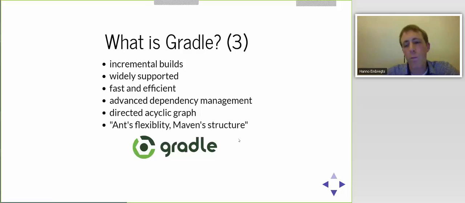To summarize all of Gradle's features, it tries to be flexible like Ant, but it also wants to stick to the structure that Maven is so well known for. So you could use all the structure and you can also be flexible if you want.